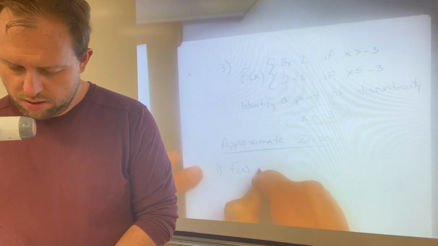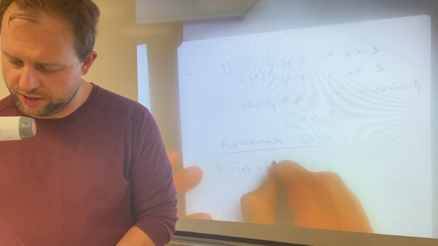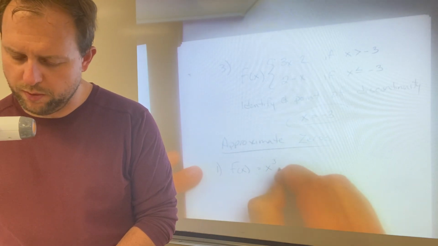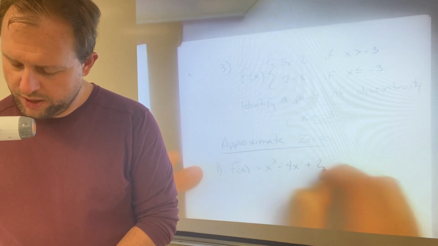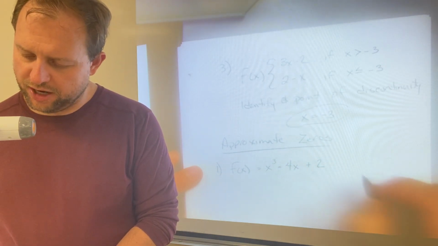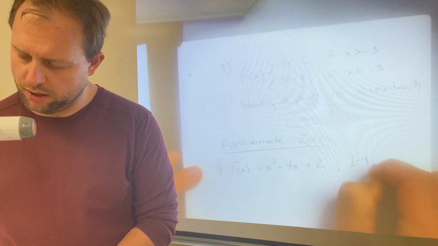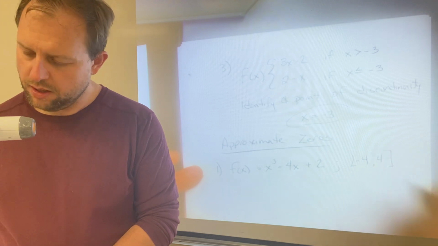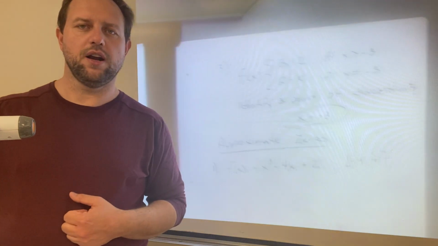And we would graph a function out and give an approximation. So when they ask you for the approximate zero, they're asking, well, between what points is the zero? Okay? If we look at this function over the domain negative 4 to 4, they want us to find where those approximate zeros are.